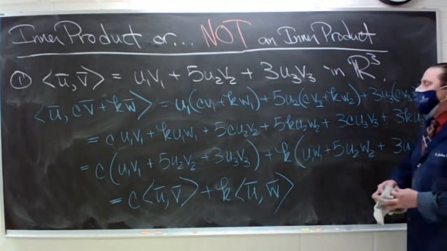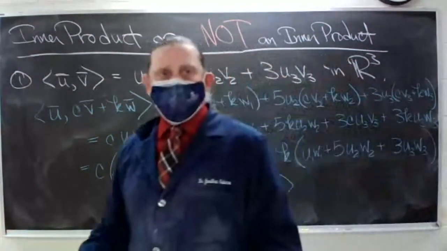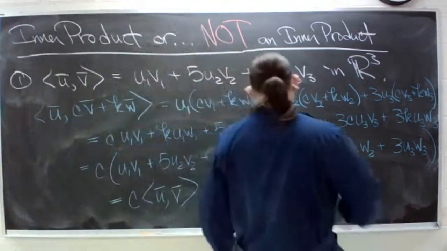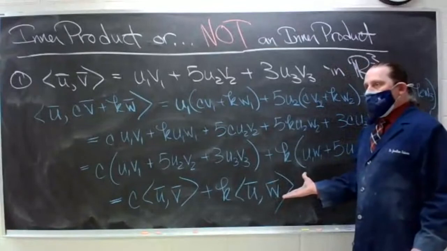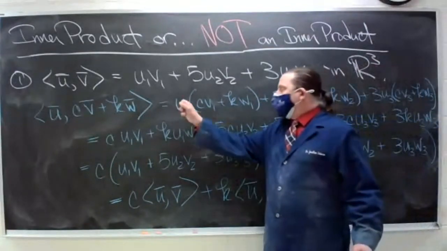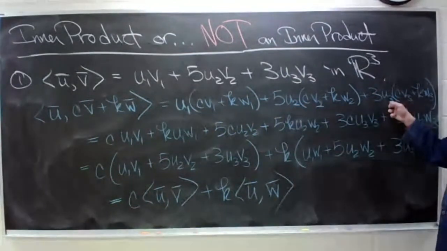So I'm going to erase all this business. All this was us just verifying explicitly that multiplication by a constant is linear. That's really all this was. This all follows from the fact that we were multiplying by u1, 5 u2, 3 u3.